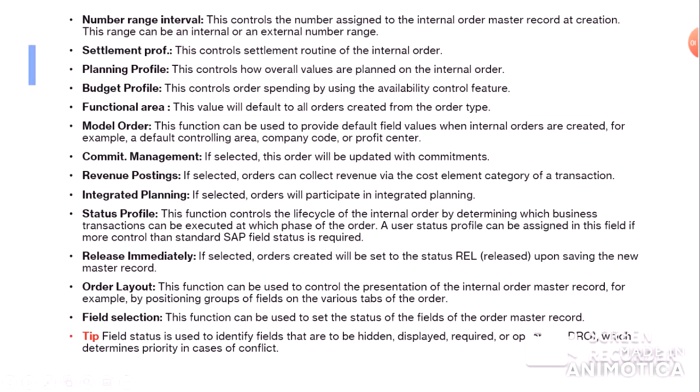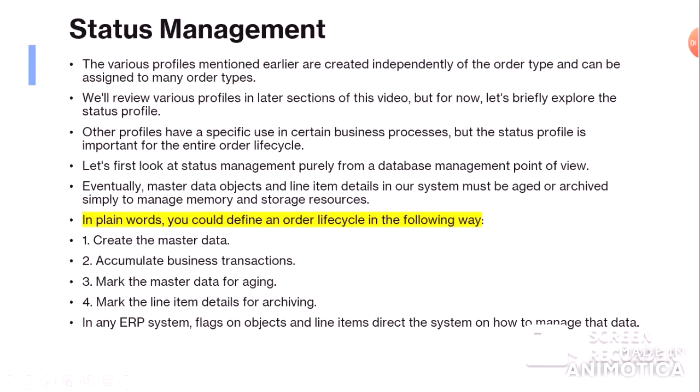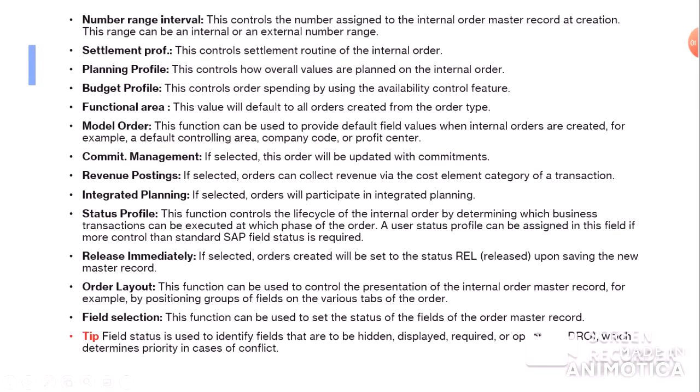Commitment management: if we select this, the order will be updated with commitments. Revenue postings: if selected, orders can collect revenue via the cost element category of a transaction. Integrated planning: if we select this, orders will participate in integrated planning.